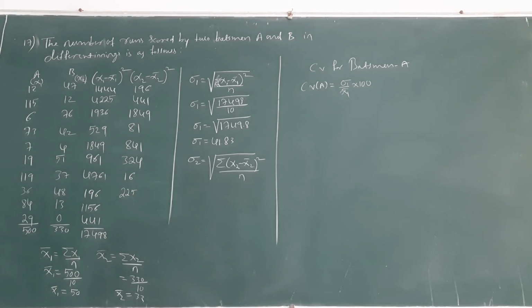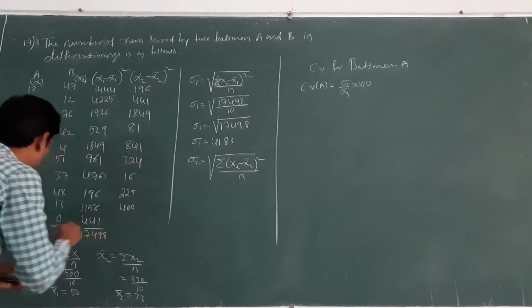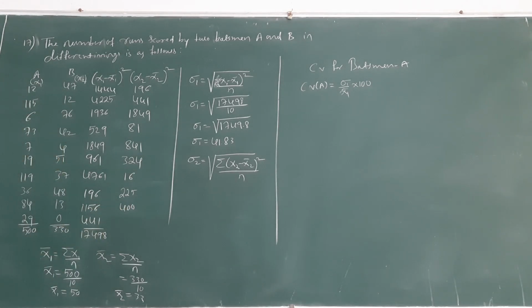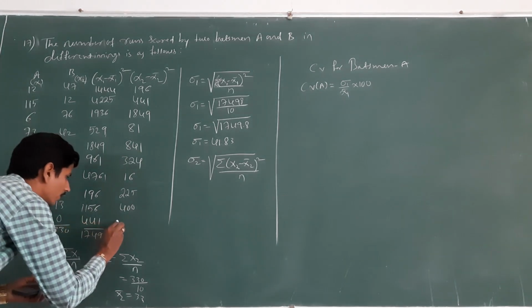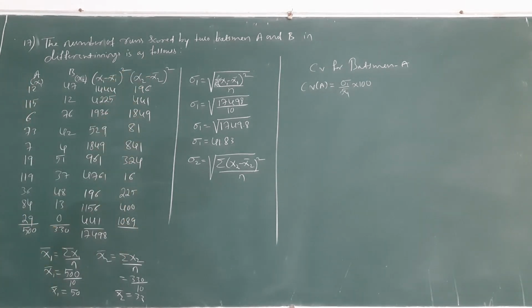The next 13 minus 33 is 20. 20 square is 400. The next 0 minus 33 is 33. 33 square is 1089.